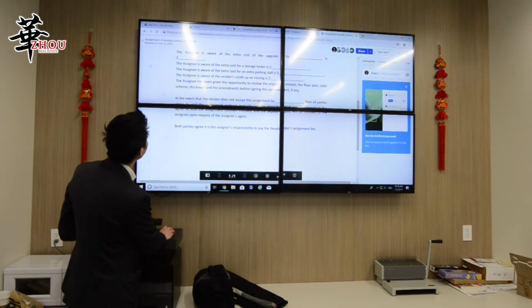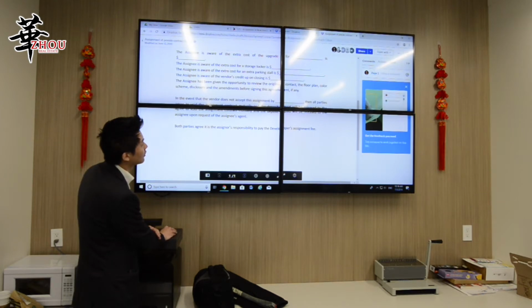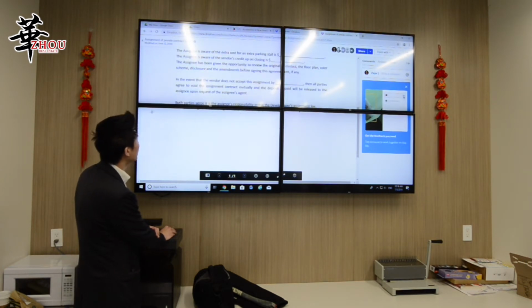And then the next one, the assignee has been given the opportunity to review the original contract, the floor plan, color scheme, disclosure, and amendment before signing this agreement. So this is again to make sure they already know everything before they enter the agreement.